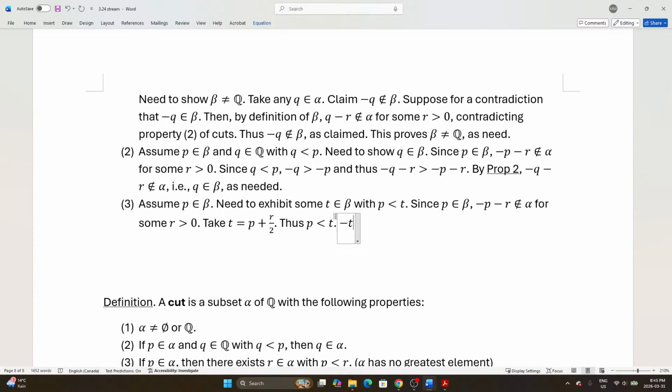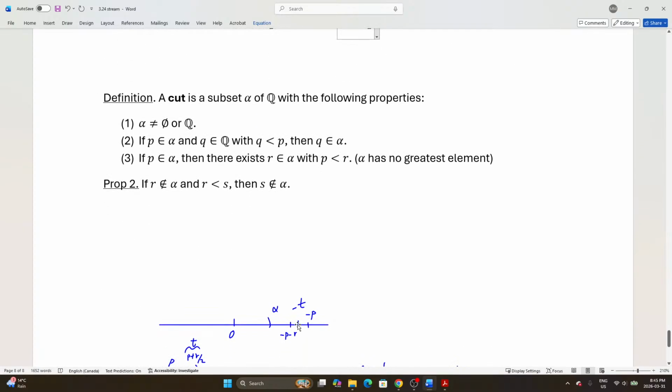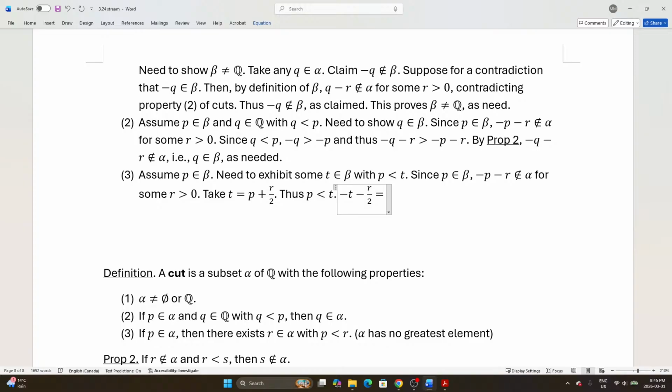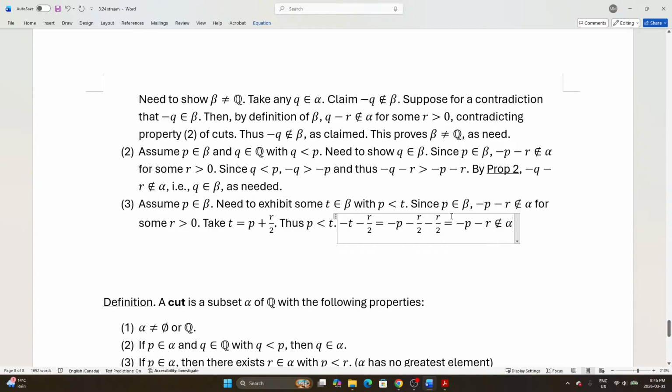Minus t minus half r, look at the diagram, is exactly minus p minus r. So this is just minus p minus half r minus half r, which is minus p minus r, which is not in alpha. So minus t minus something positive is not in alpha.